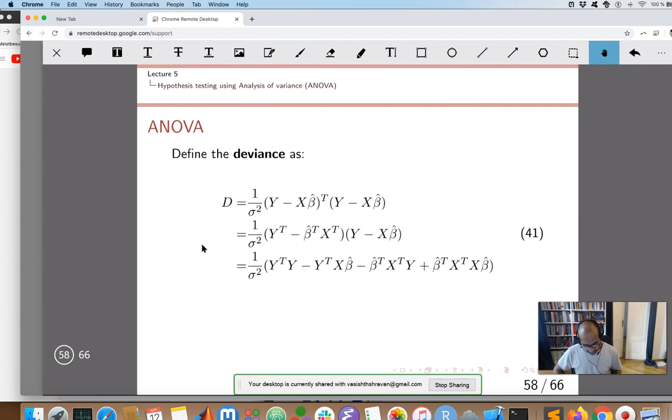Once you've squared the residuals, we're going to define a new concept called deviance, capital D, which will be defined as the sum of these squared deviations. It gives you a measure of the square of the variability around the mean values. That's what the variance also does, by the way. The variance gives you the sum of the squared deviations around the sample mean, so this deviance is very similar to the variance concept.